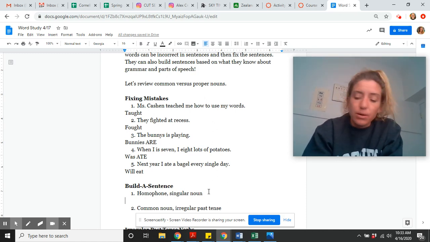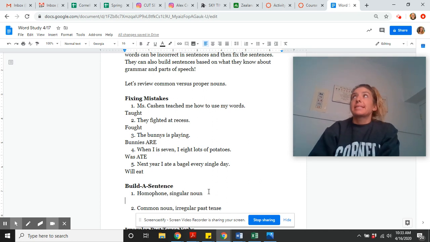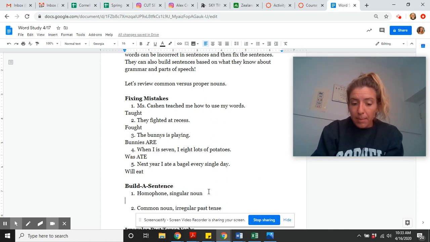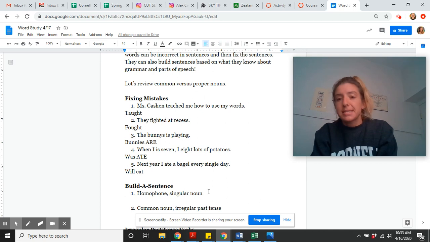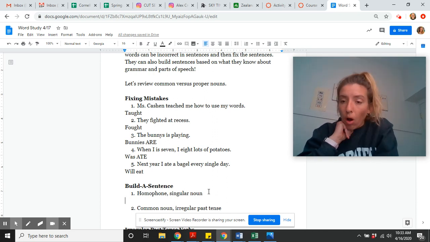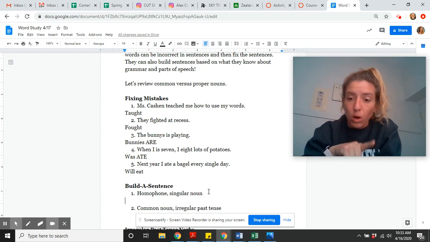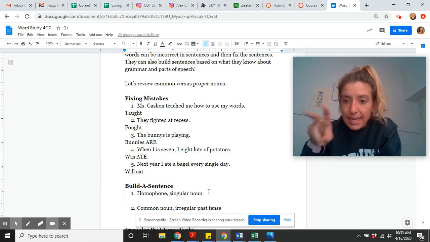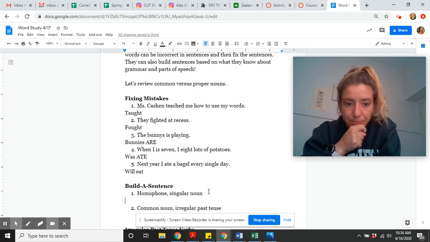So I know a homophone is any word that sounds exactly like another word, but it's spelled differently and means something else. Some examples of that are would and wood, be and bee, see and sea. We've gone over a bunch of them. And I know a singular noun is a noun where there's only one. So all I need in this sentence is to have one homophone and one singular noun. Let's see what I can do.